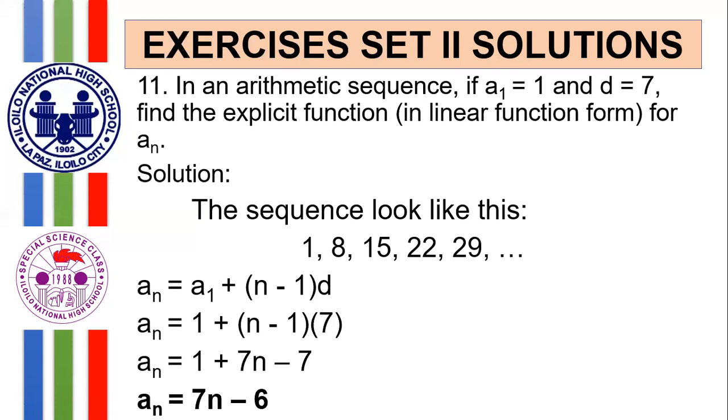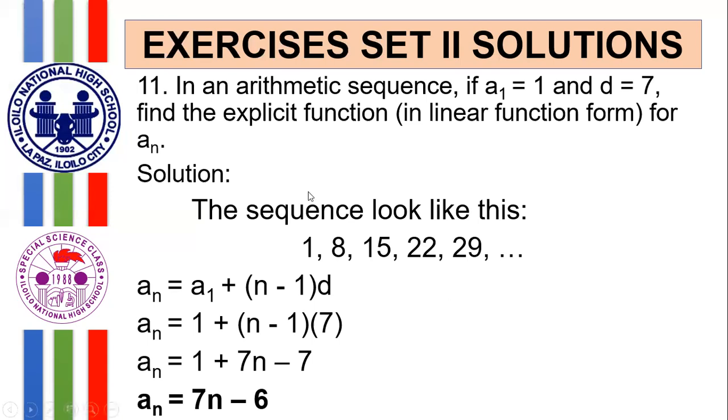So this is now the explicit function of this arithmetic sequence with a sub 1 equals 1 and d equals 7. That is, a sub n equals 7n minus 6. So it appears to be in slope-intercept form, especially if you are studying linear functions when you were in grade 8.